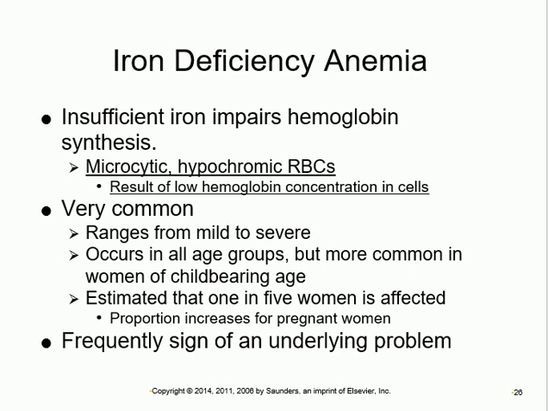And hypochromic, chromic means color. So it will be pale colored. Why? Because you don't have enough iron, so you don't have enough hemoglobin, and the hemoglobin is that bright red color. If you don't have enough hemoglobin, the cells will become pale. It will not become bright red. So in this case, it's called microcytic hypochromic.